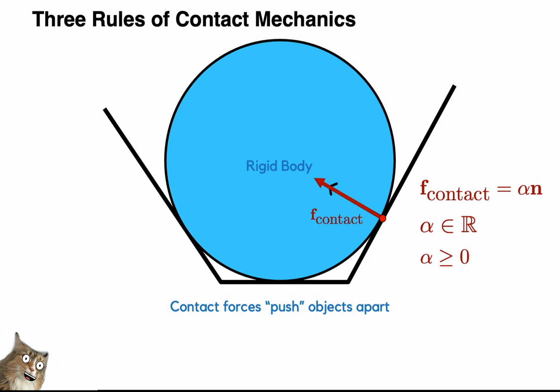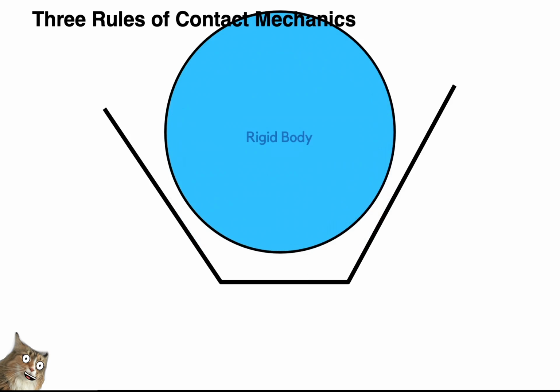Now that we know how to represent contact forces, there's one more important question to answer, and that is, when are we actually allowed to apply contact forces to our system? Obviously, if our objects aren't in contact, we shouldn't apply any contact forces. The question is, how can we add this notion to our mathematical model of contact?